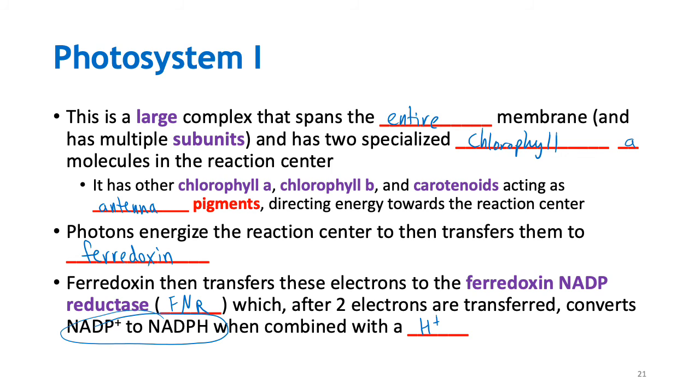Ferredoxin transfers these electrons to this NADP reductase. That makes sense, right? Because you're trying to reduce NADP+ to NADPH. And after 2 electrons are transferred, you can make NADPH. And those protons you're going to see, they came from the chloroplast structure.